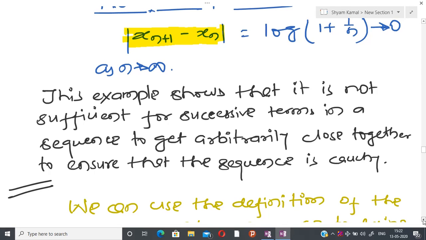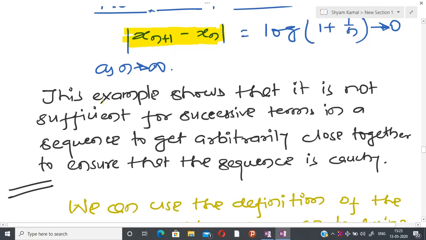In order to check a Cauchy sequence, we have to look at more points, because just seeing these two I cannot tell.